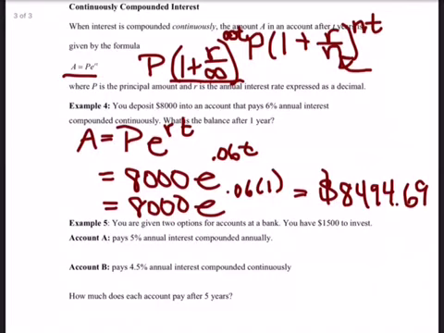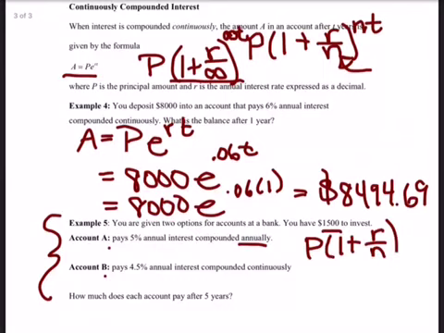So what I want you to do for the next time is look at example 5, and I want you to calculate based on these two accounts, if I have $1,500 to invest, and they compound annually, so that's going to be using the P times 1 plus R over N to the NT, and for the second one it's going to be P e to the RT.